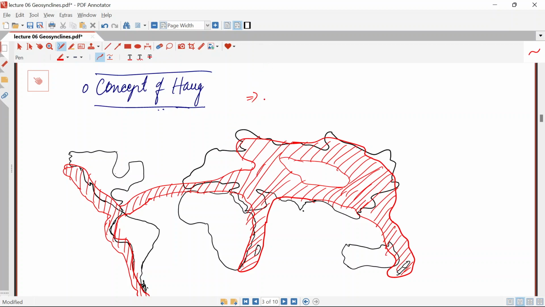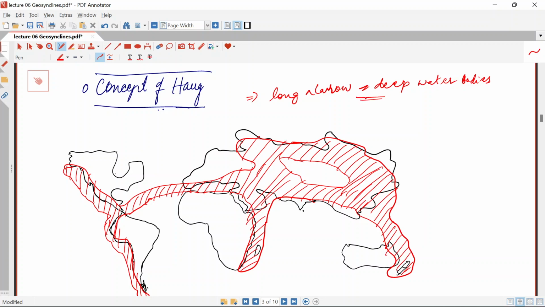First, what he said was geosynclines are long, narrow, and deep water bodies. He defined geosynclines as long, narrow, and deep water bodies.